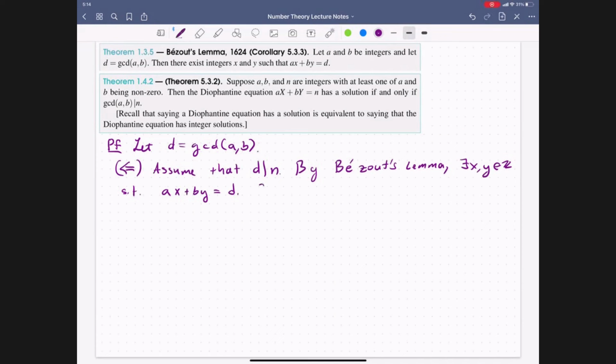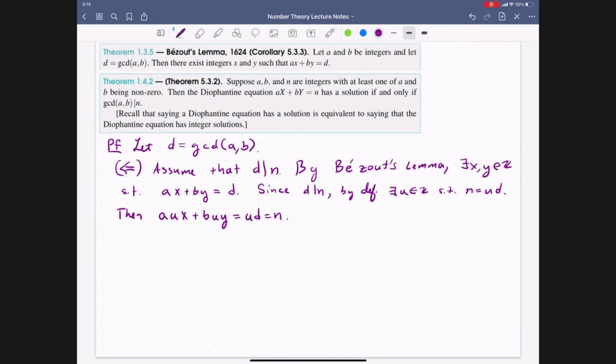Since D divides n, by definition, there exists some u in Z such that n is equal to u times D. So if we multiply now the equation ax plus by equals D by u, then we have a times ux plus b times uy is equal to uD, which is equal to n.